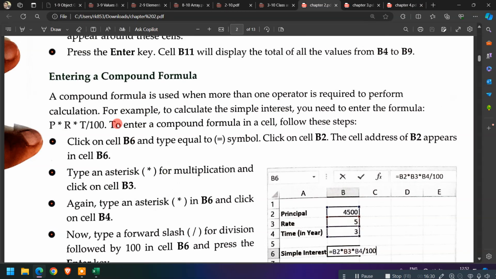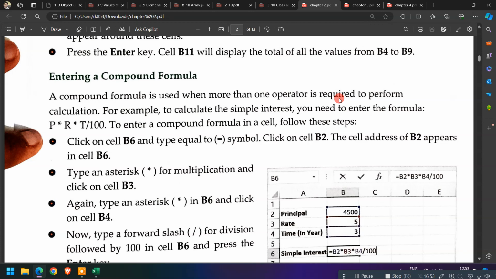A compound formula is used when more than one operator is required. When we apply more than one operator in a formula, it is known as a compound formula.